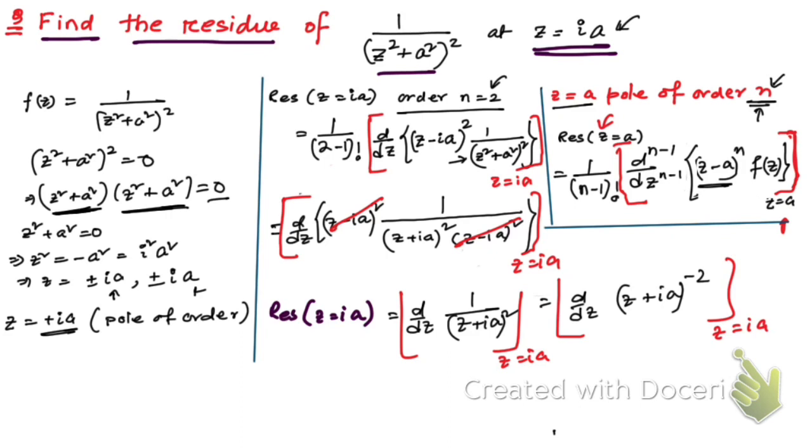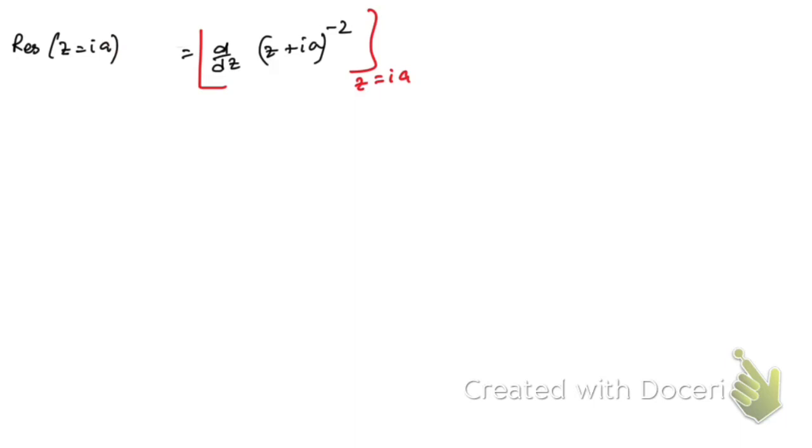Okay, now let me copy this result. So here is the new slide. What we have got is nothing but the residue at z is equal to Ia. Now if you differentiate it, what is it going to be? Minus 2, then z plus Ia whole to the power minus 3.